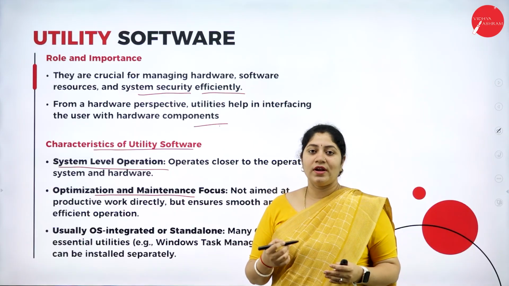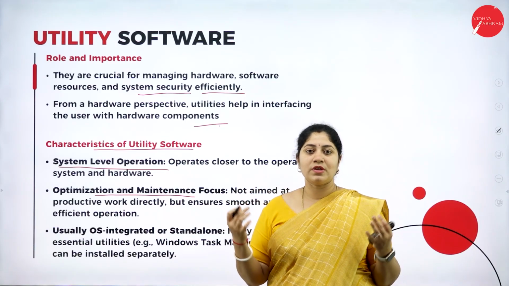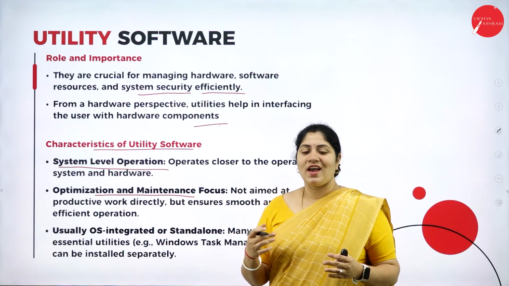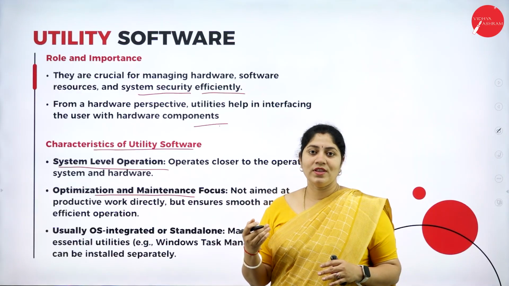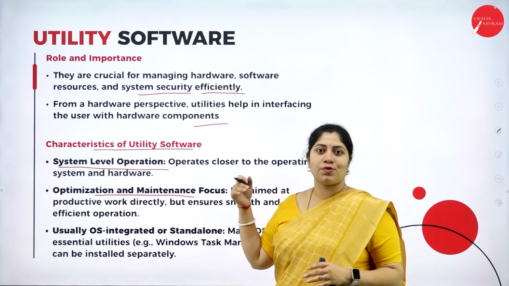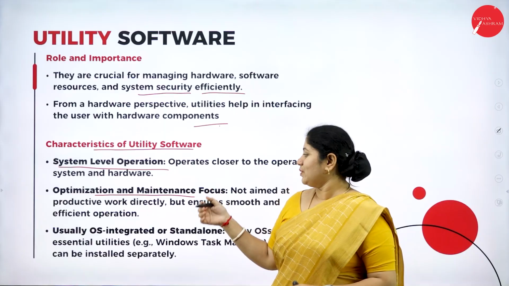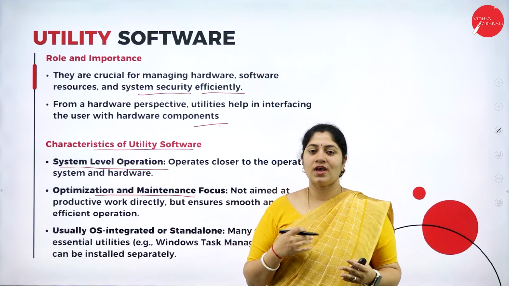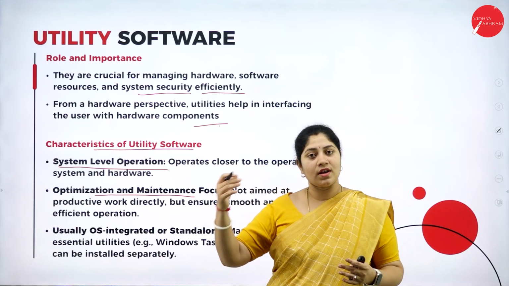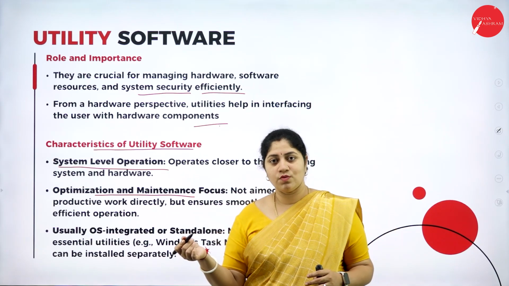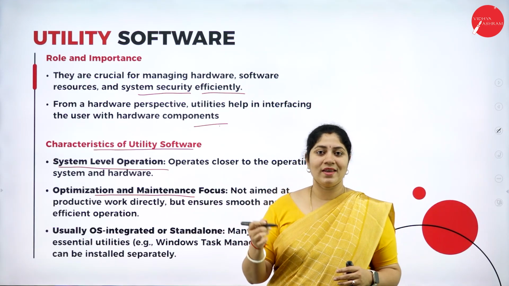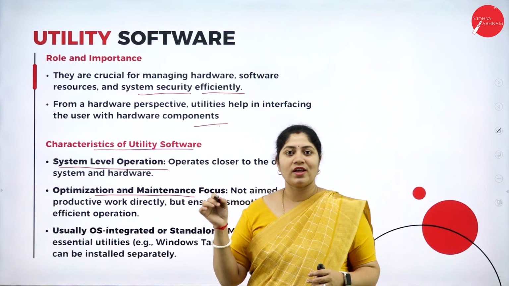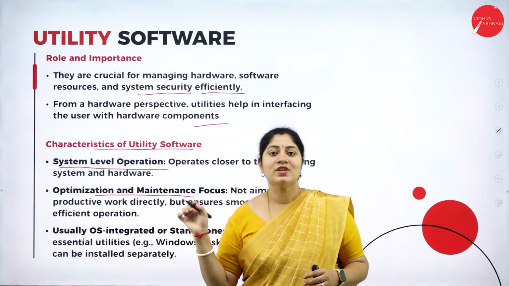Absolutely right. Wherever we have a system, it has to be optimized and maintained. Only then can we use our system for a long time, isn't it? So by using system utilities, it is not directly aiming at productive work, but it aims at the smooth as well as efficient operation of a system.